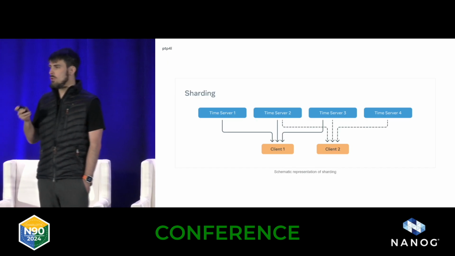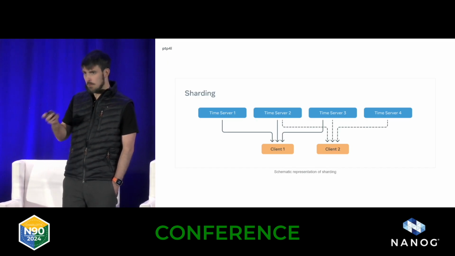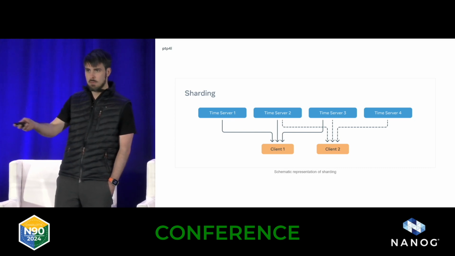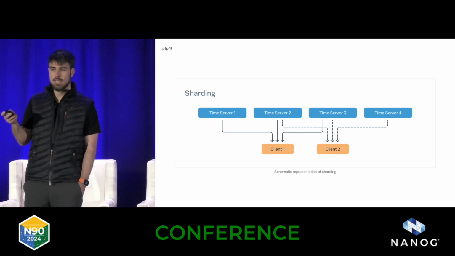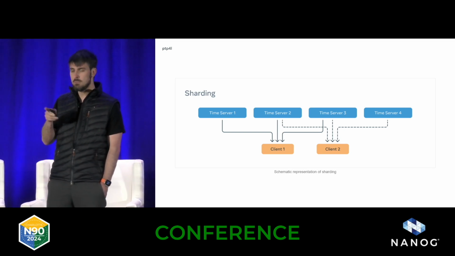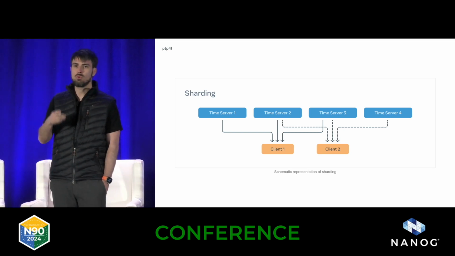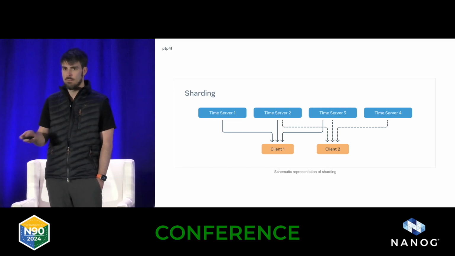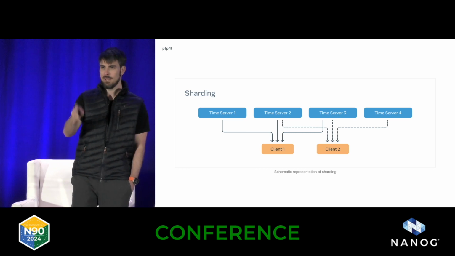To make sure we are very reliable, we also implemented sharding. Every client is tracking more than one time appliance, multiple time appliances at the same time. But in how the PTP protocol is designed, you don't really compare one against another performance-wise. You actually trust what time appliances tell you.